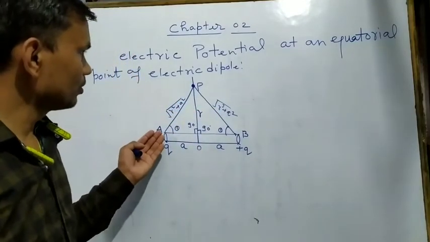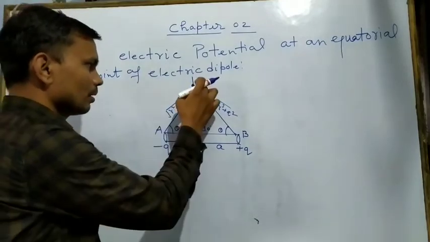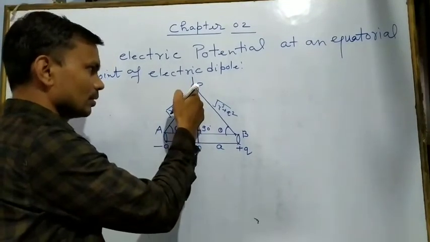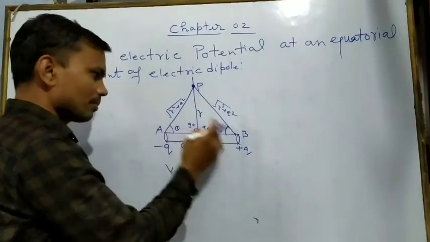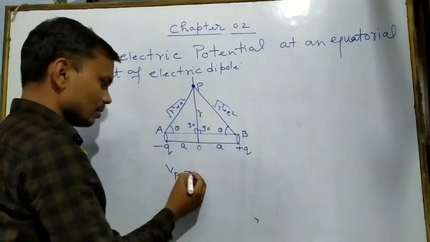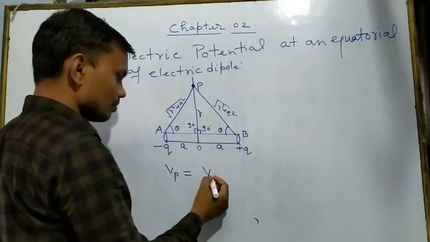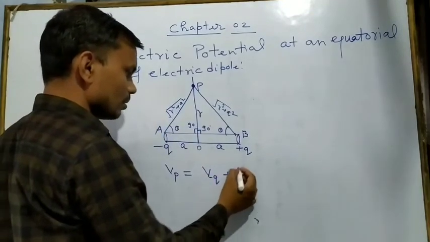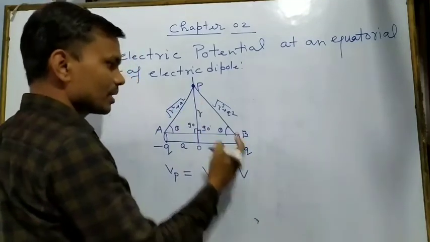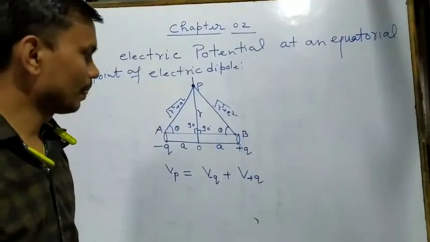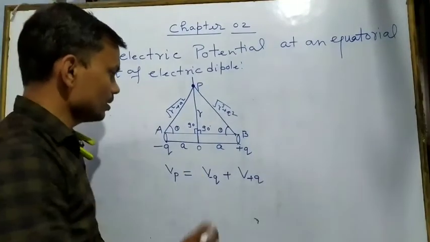Now again suppose the net electrostatic potential at point P due to this system of equal and opposite charges is Vp. So this is equal to electrostatic potential at point P due to the minus q charge, and then electrostatic potential at point P due to the plus q charge.